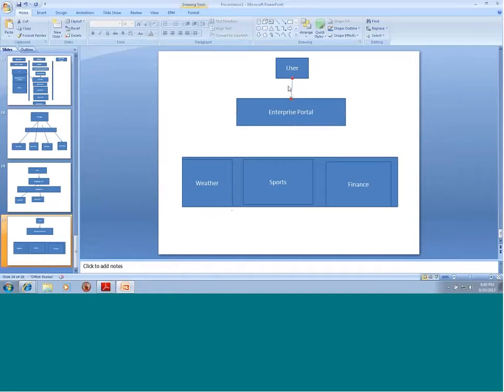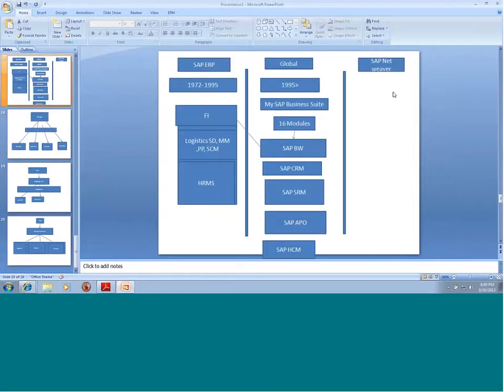In this case, I'm logging into yahoo.com. That internally gives me all the information that I require. I don't have to separately log into a page where I can get weather information or go into finance or sports information. So this is the concept. If I go back here, with the SAP NetWeaver concept, SAP came up with something called Enterprise Portal.